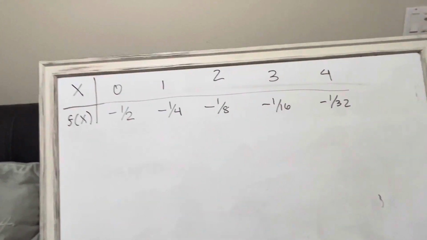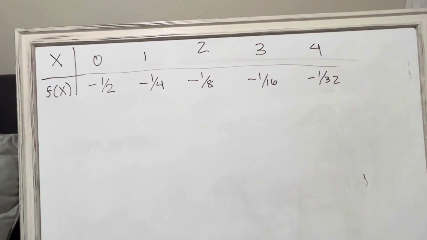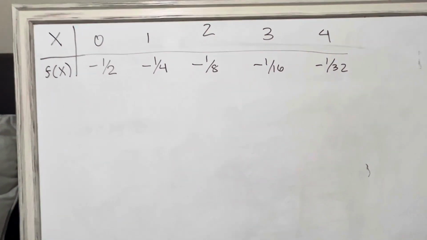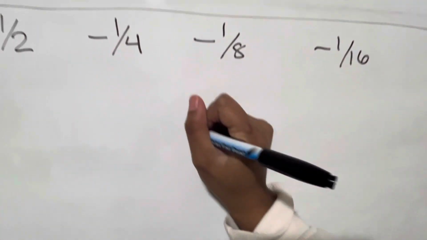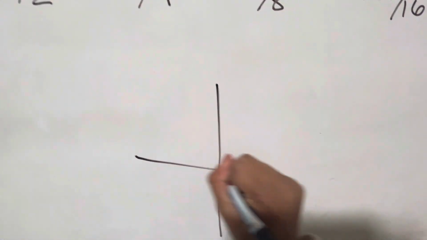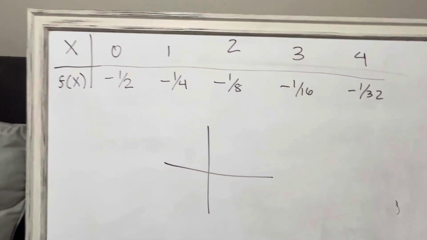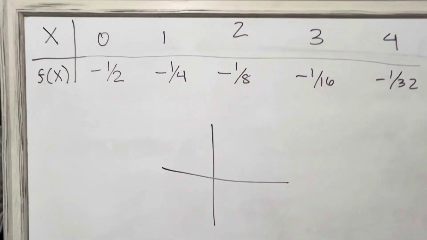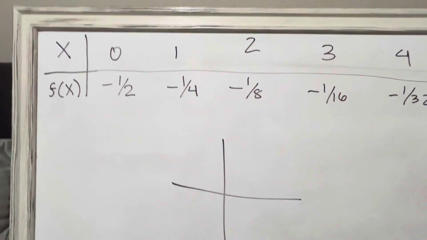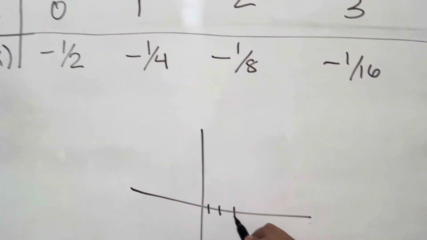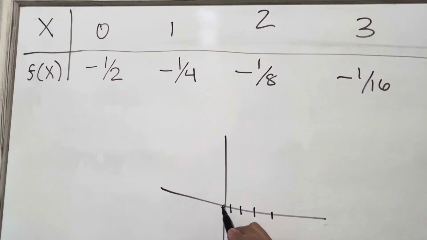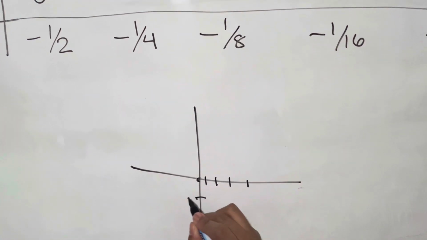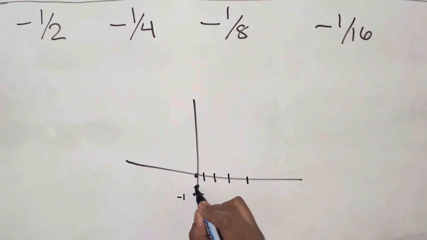The first thing we have to determine is whether this graph will show exponential decay or exponential growth. So let's use a graph over here. One of the first things I notice is that these numbers are negative, and maybe you'll assume that if it's negative, then it will be exponential decay. Not true. So let's plot a couple. At 0, it's at negative 1/2.